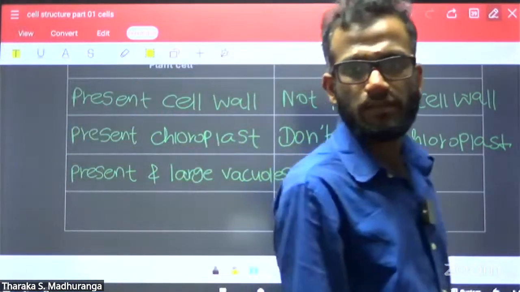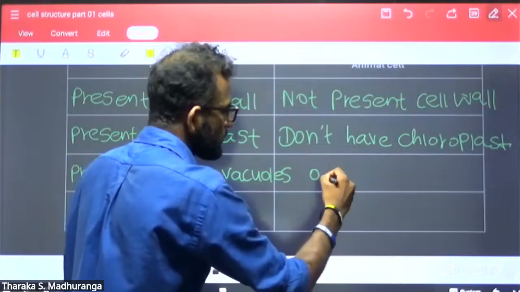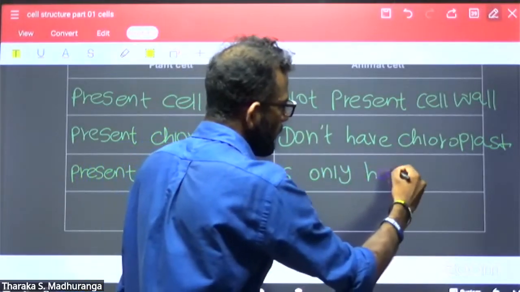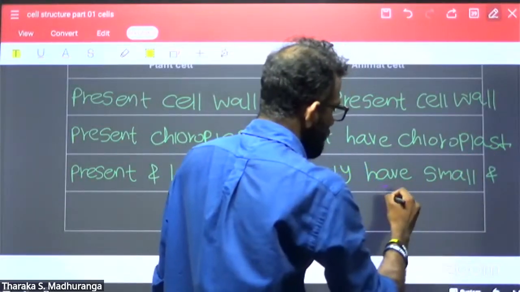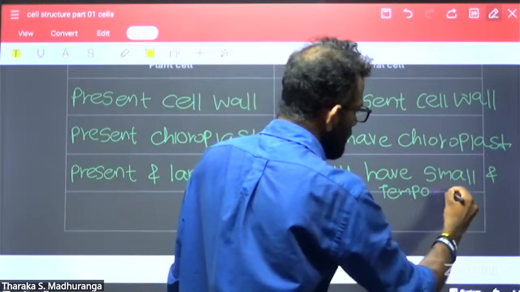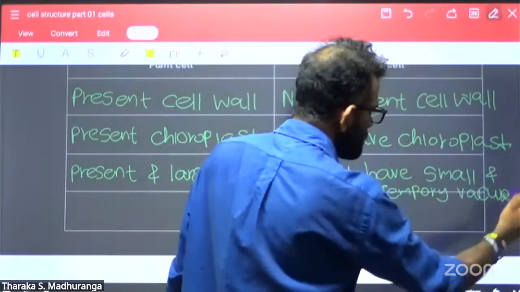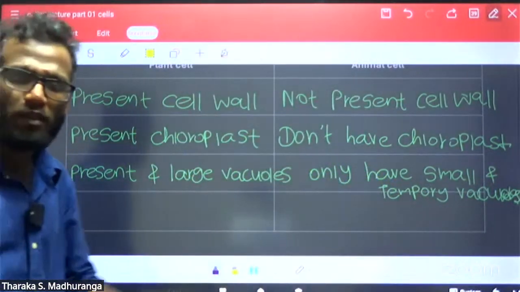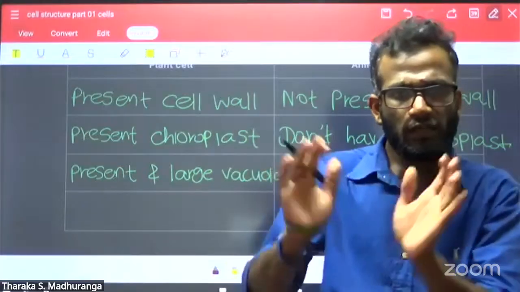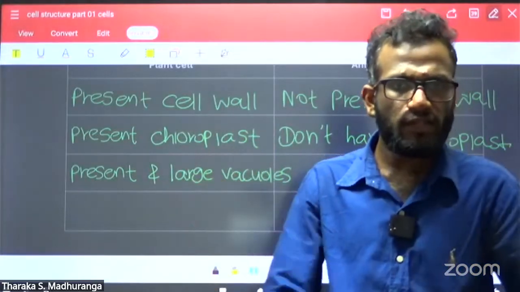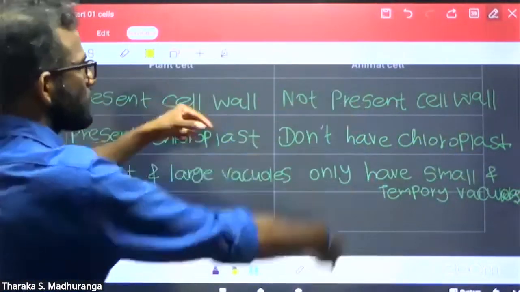Animal cells only have small and temporary vacuoles. Remember, temporary vacuoles. Normally in the immature stage they have some small vacuoles, but when the cell is mature, these vacuoles disappear in the animal cell.